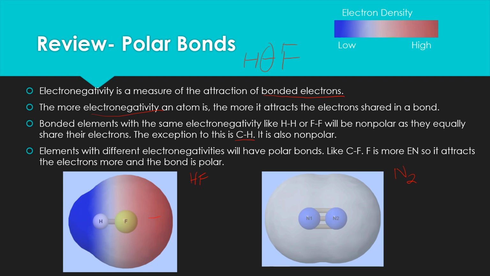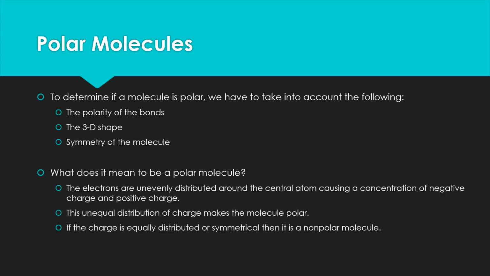So we have a partial negative side and a partial positive side, right? So we get that polar bond, that dipole occurring. Then with two nitrogens, we have that nice kind of gray, which falls right in the middle there. And that means that it's nonpolar. Both have equal electronegativity, so they're both attracting the electrons equally.